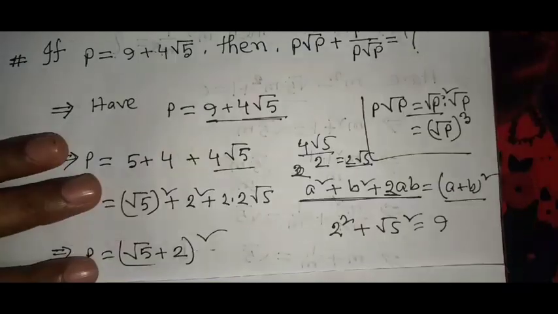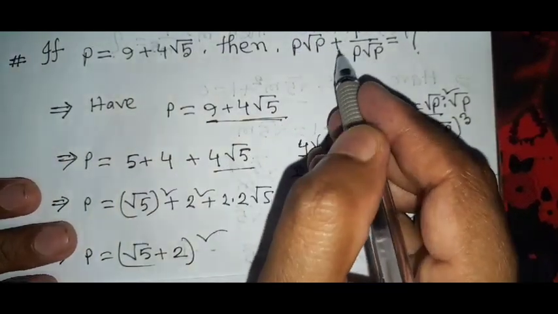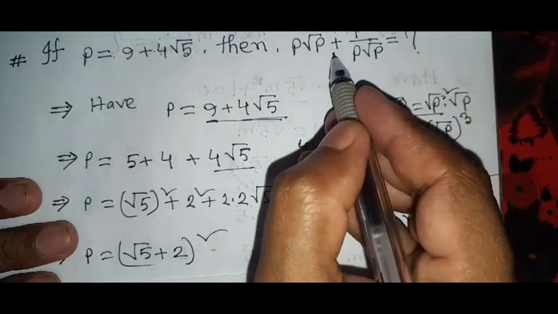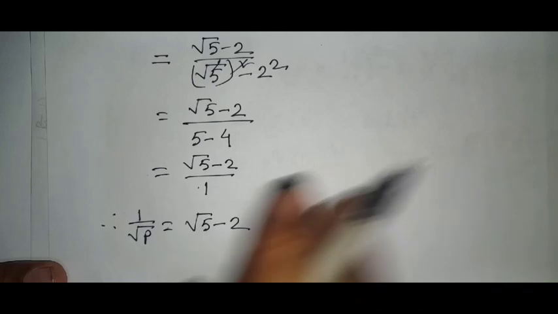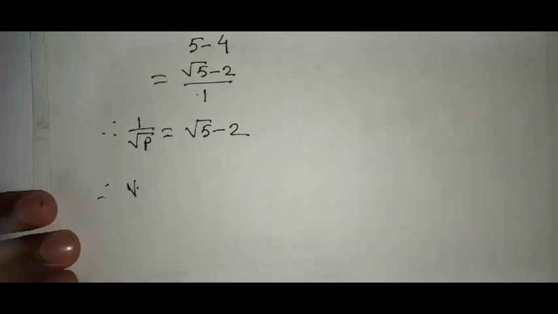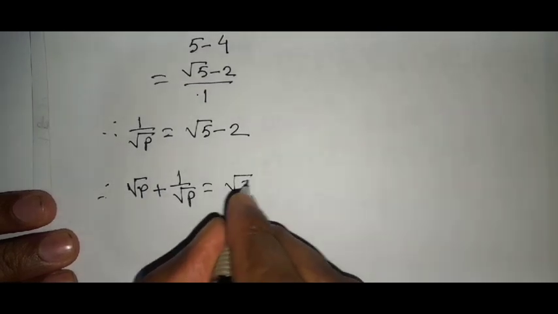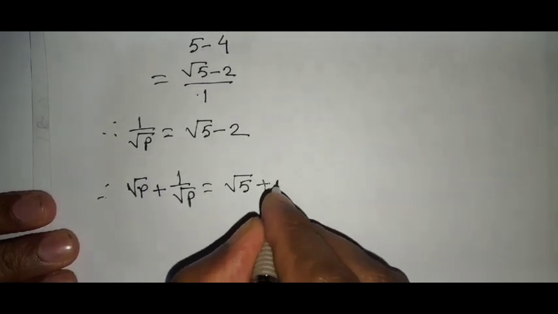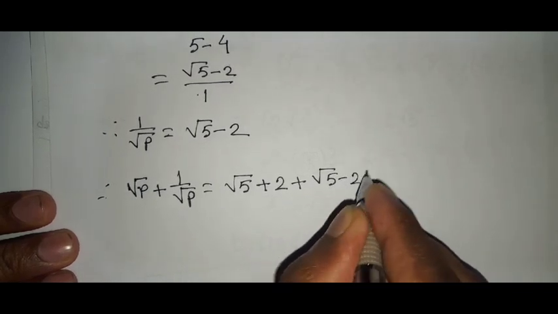Here we find out root p plus 1 by root p. The sign is plus, so we add: root p plus 1 by root p is equal to root 5 plus 2 plus root 5 minus 2.